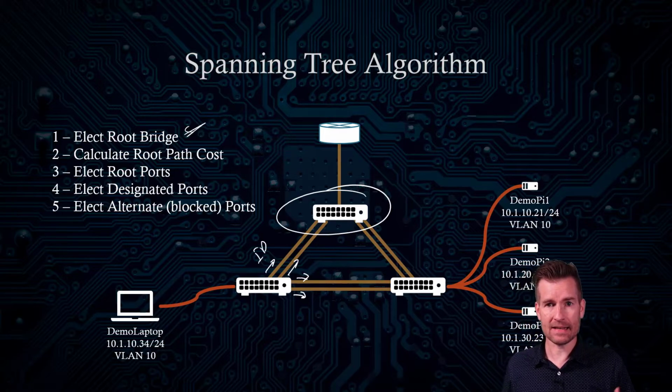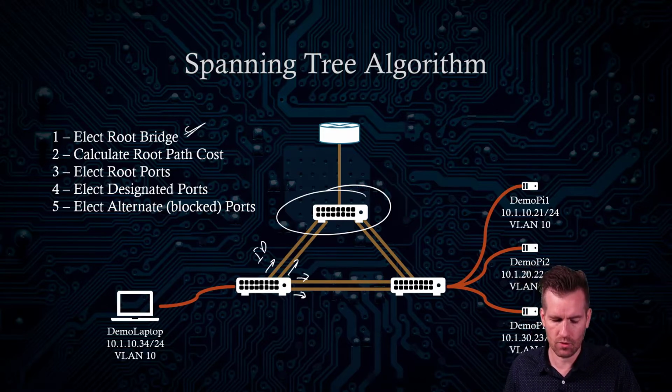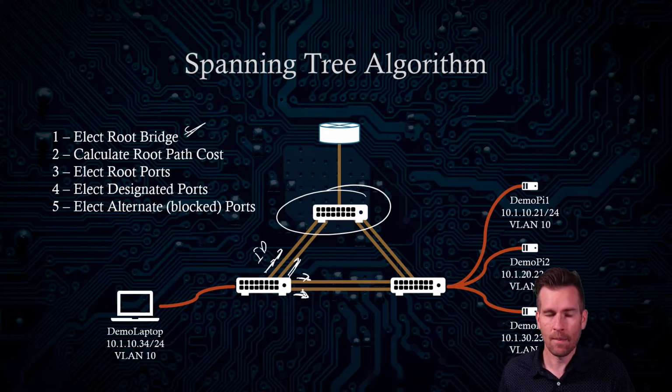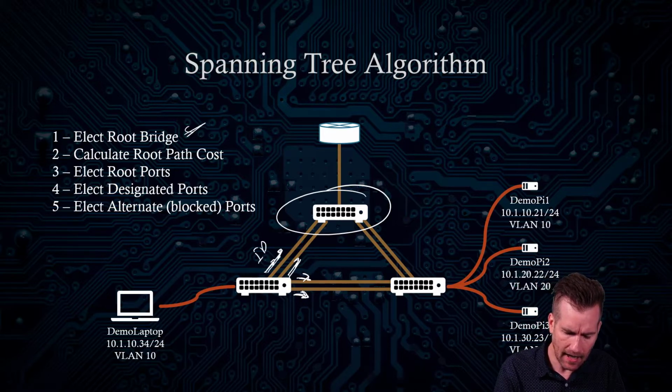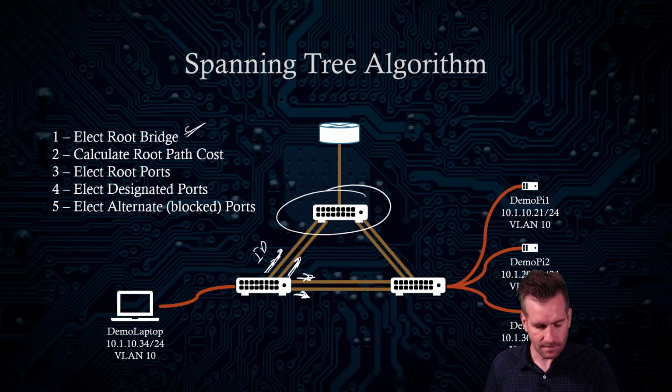The next thing it does is calculate, okay, what is my fastest route? What is my least cost route to get to that root bridge? So for each one of these links on switch 2, it's going to determine that there are 4 ways to get to the root bridge. And then it's going to calculate the cost that it takes to get to the root bridge on each one of those links.